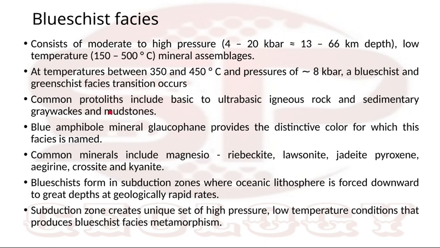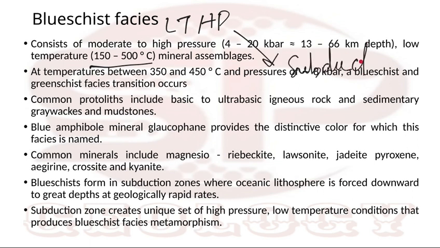Next is your blueschist facies. Blueschist facies is from 150 to 500 degrees. This is the low temperature, high pressure facies. This is the characteristic of subduction zone. Remember this: it is only found in subduction zones.